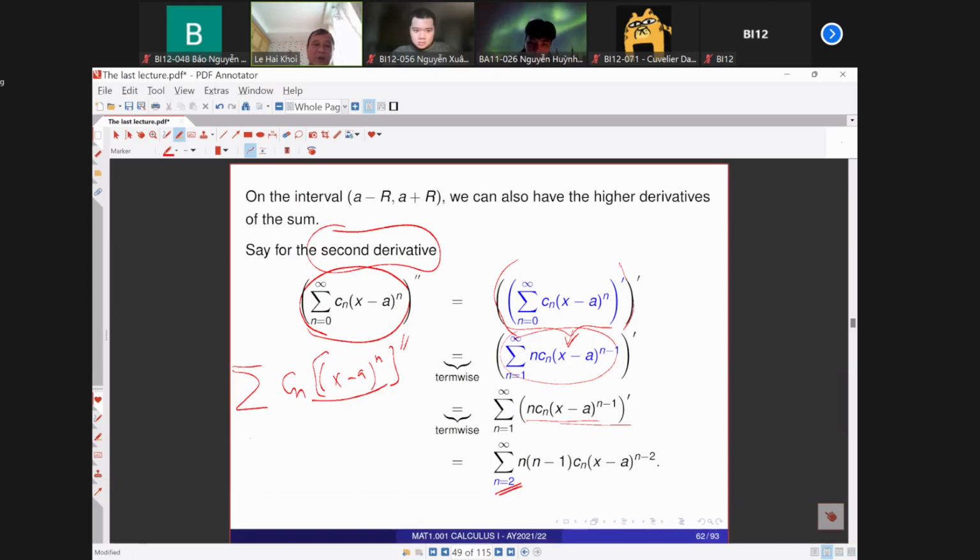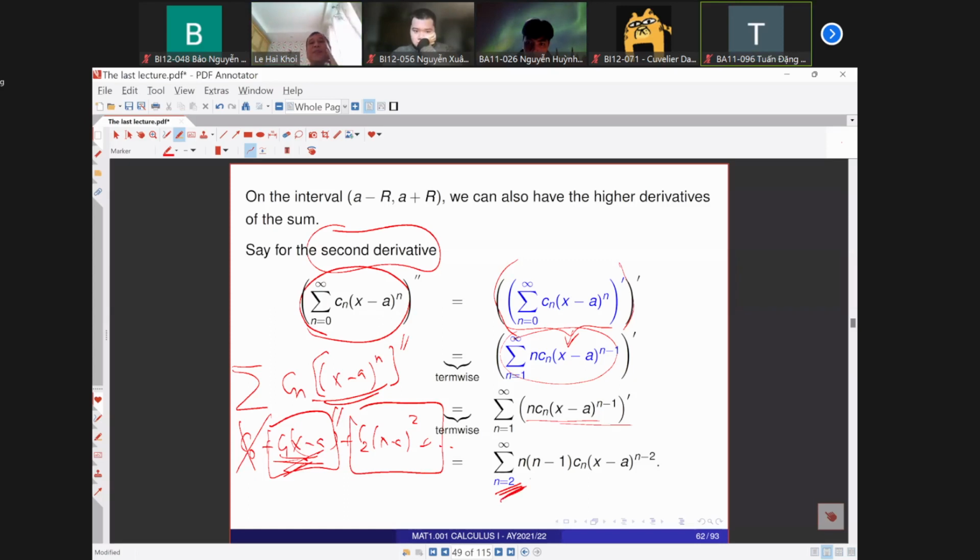Here, you have C0, C1 (x minus a) plus C2 (x minus a) squared. If you take the second derivative, differentiate twice, the first terms are gone already. When you take the derivative the second time, you have 0 for the C1 term, because this is the first degree. So then it starts from n equal to 2. So pay attention to that.